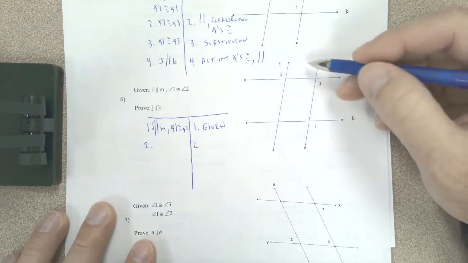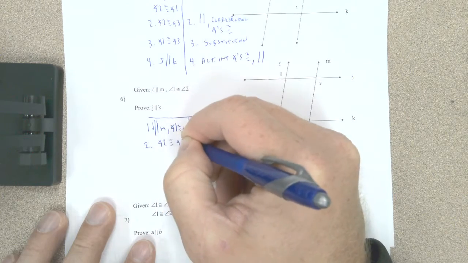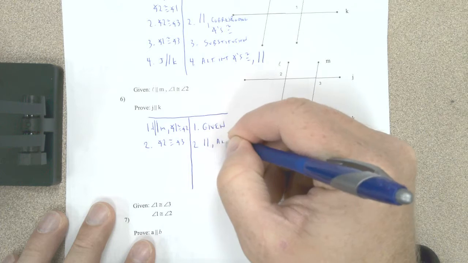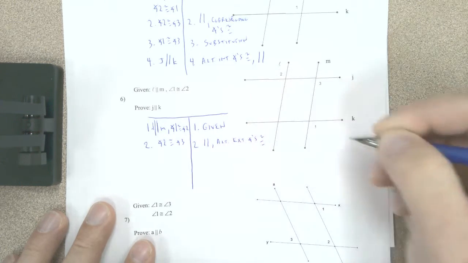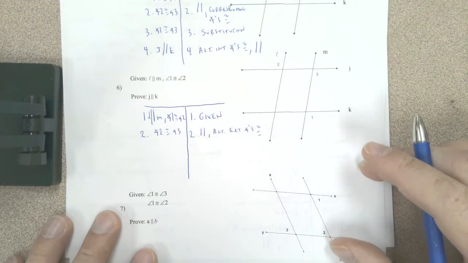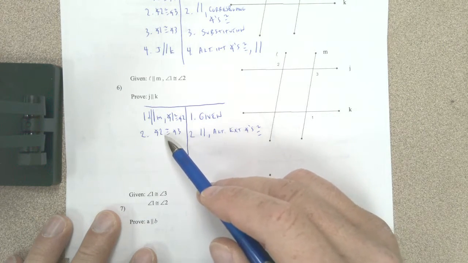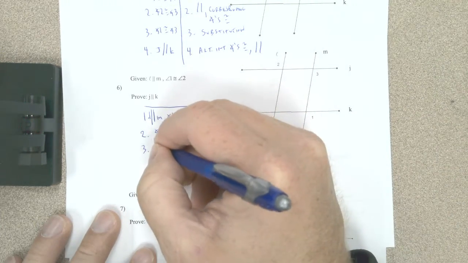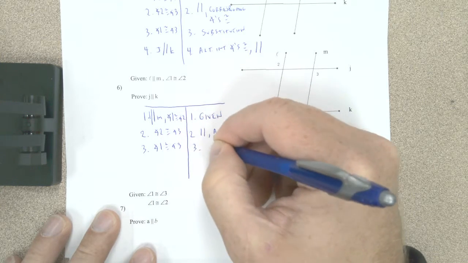Well, if L is parallel to M, I can say that 2 is congruent to 3 again. And this would be if lines are parallel, alternate exterior angles are congruent. I know that 1 is congruent to 2 and 2 is congruent to 3, so I can now say that 1 is congruent to 3. In this case, now it's transitive property.